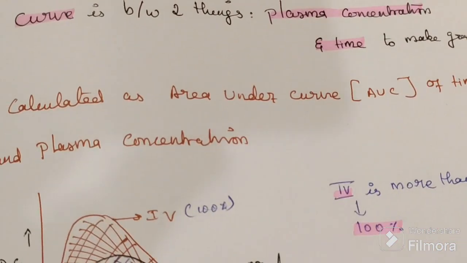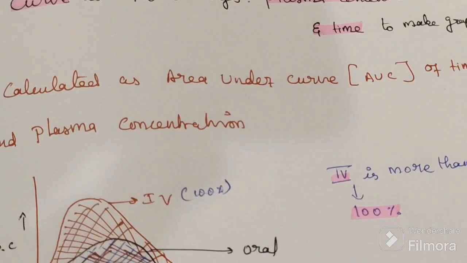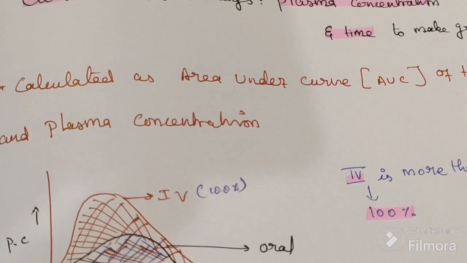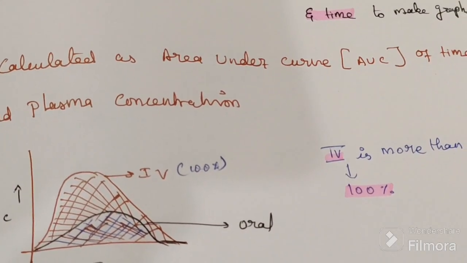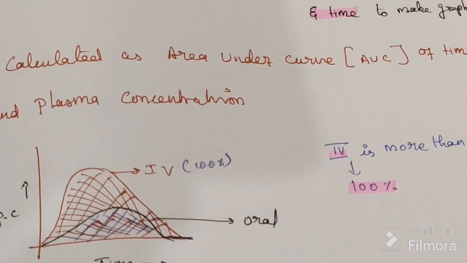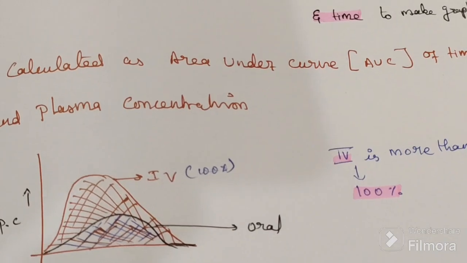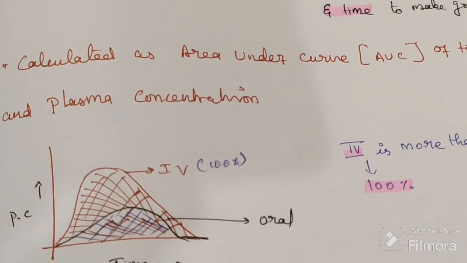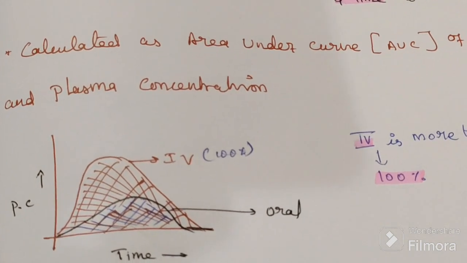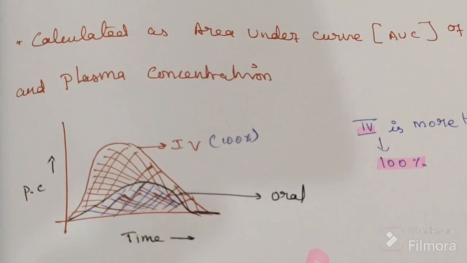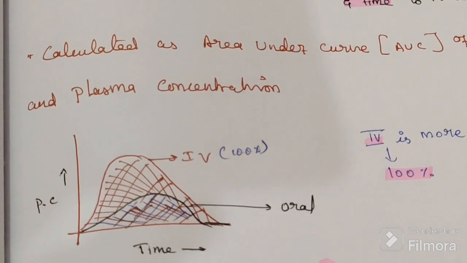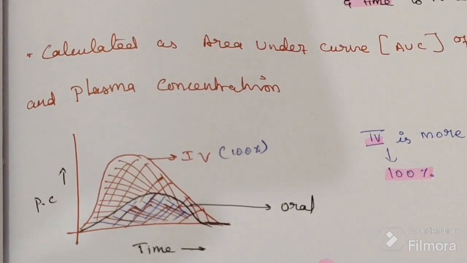Now I have the same drug A and two different subjects, two patients, A and B. To subject A, I give the dose orally and check the bioavailability by making a graph.